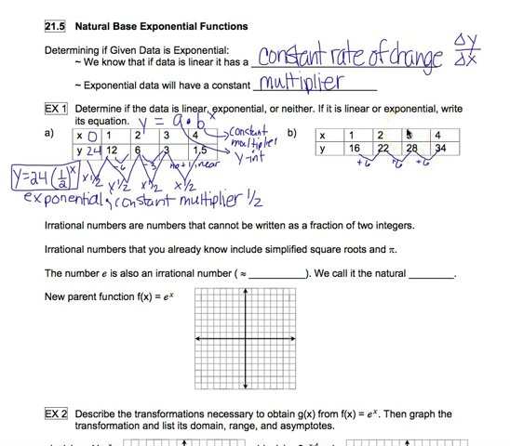Remember that you do have to test all of them. Sometimes they'll try to trick you by making the first 3 all have the same constant rate of change and the last one something different. Same with multipliers, so just make sure you're checking all of the data. This one does. All the data that we see shows a constant rate of change, so that means this one should be linear.